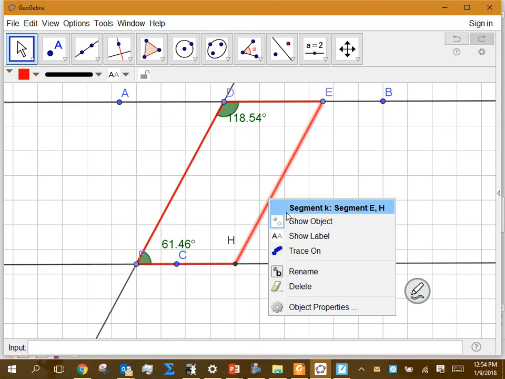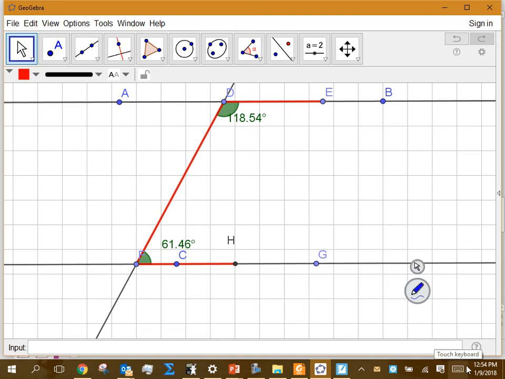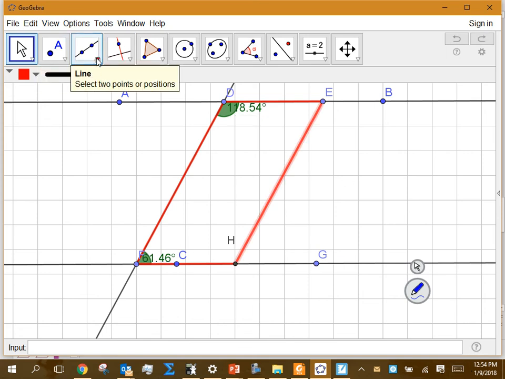If I get rid of that object there, those two angles I just highlighted were same side interior angles for the top and bottom parallel lines of your parallelogram, right? Now, in a parallelogram, we have a special set of words for those types of angles.